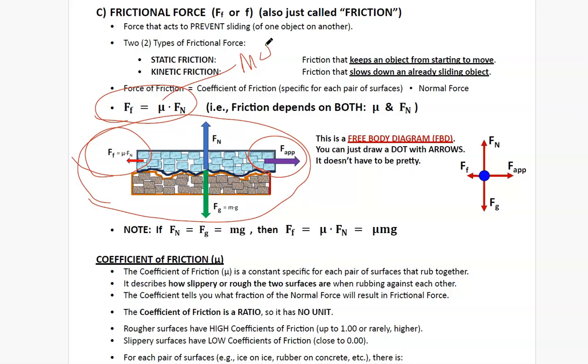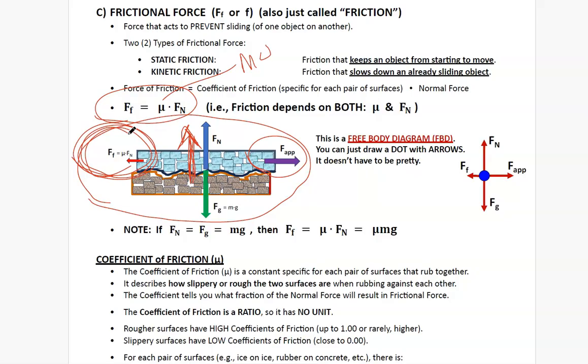And that coefficient, mu, has to be multiplied by the normal force. So the normal force is this force from the bottom surface pointing up into the top surface. So you can think of mu as a fraction that tells you what fraction of the normal force will be turned into frictional force. Because mu is a number that's usually between 0 and 1. In other words, it's a very small number.